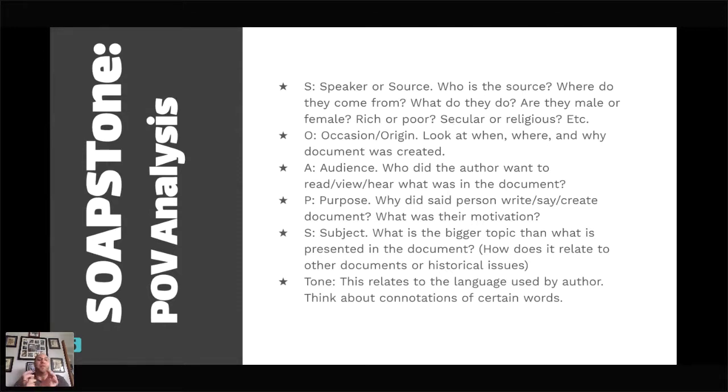He tried to wrap it up in this, like, let me help you become the best Medici that you can be. But if you look at the tone of his book, it's pretty ruthless. And so the language tells you what they're trying to convey. The language tells you whether they're happy or sad, whether they're writing from a place of authority or using conjecture. So let's look at an example of how to use SOAPSTone.